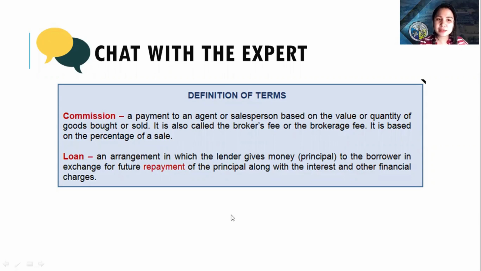Or sometimes commission is based on the total amount. For example, for real estate, like the ones selling condominiums, you know why there are so many people doing that? Because the commission is very high. For example, in some real estate, the commission is up to 10%.